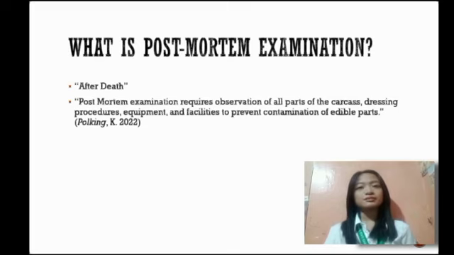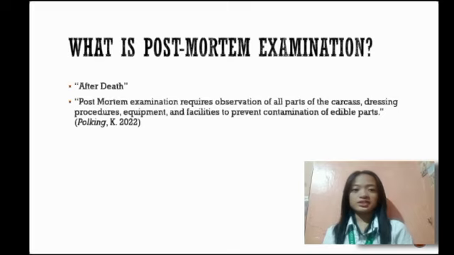So basically this means that post-mortem examination is the inspection of the carcass or the meat to ensure its quality as well as its safety for the consumers. Post-mortem examination will be discussed further in this video as we tackle how it is done in different production animals.